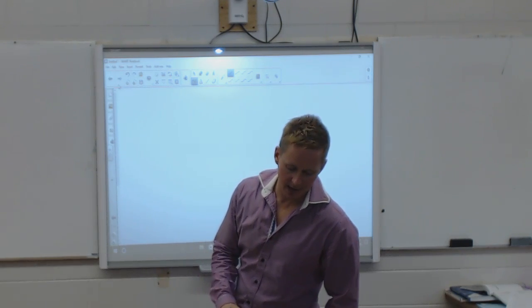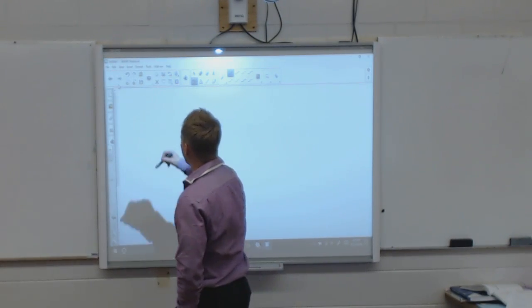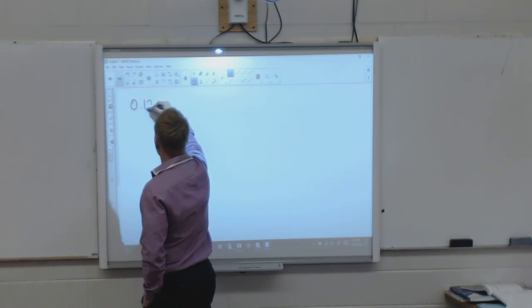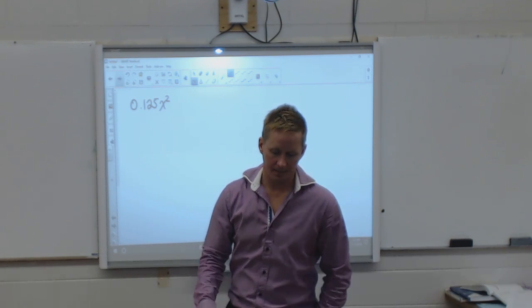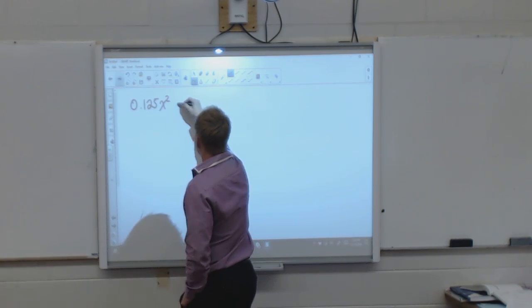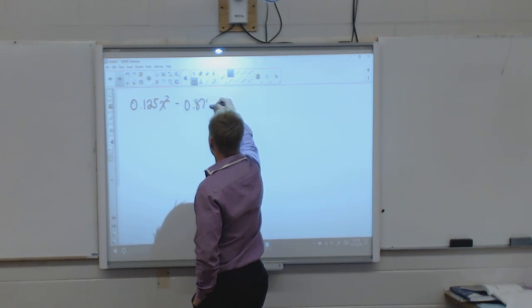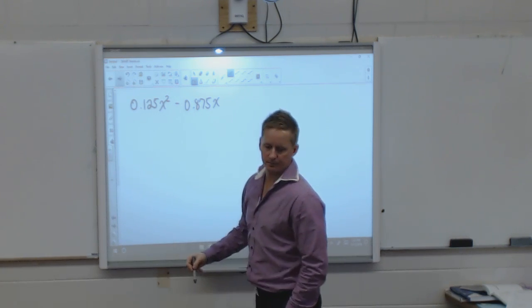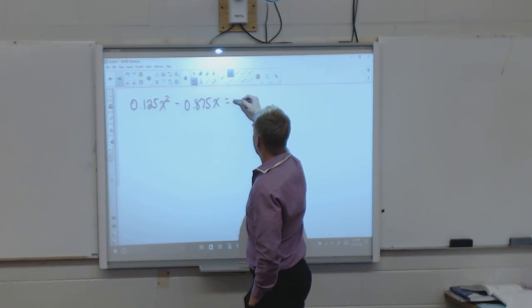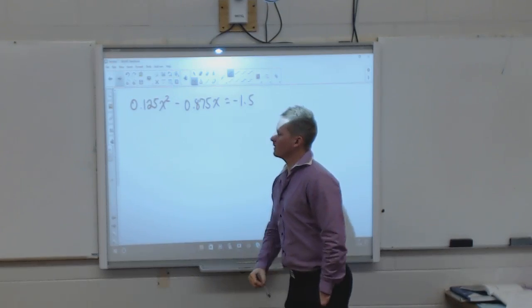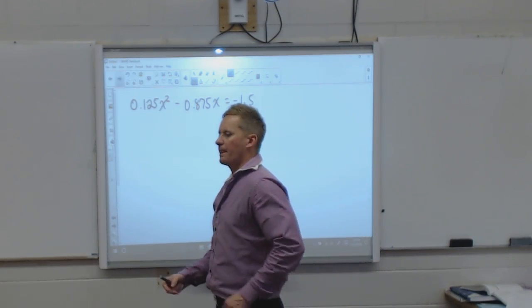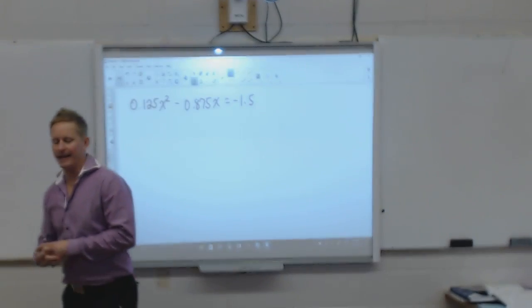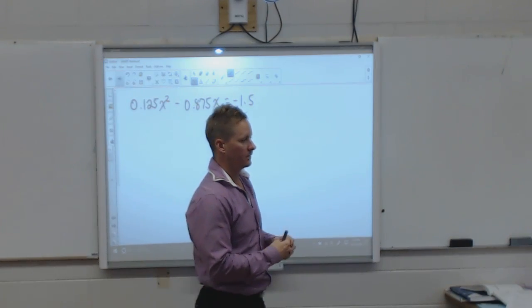So here's an example of a question. It says solve the following equation. So I have 0.125 x squared. In the current form that it's in, what we want to do is get it to equal 0.